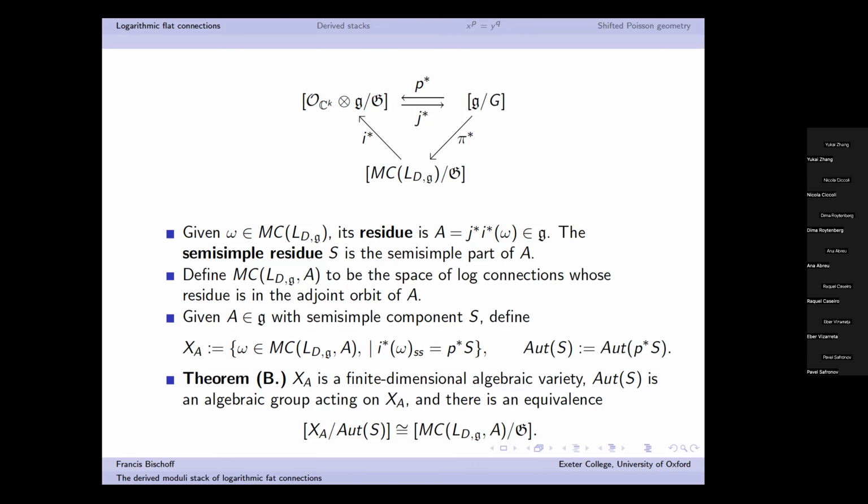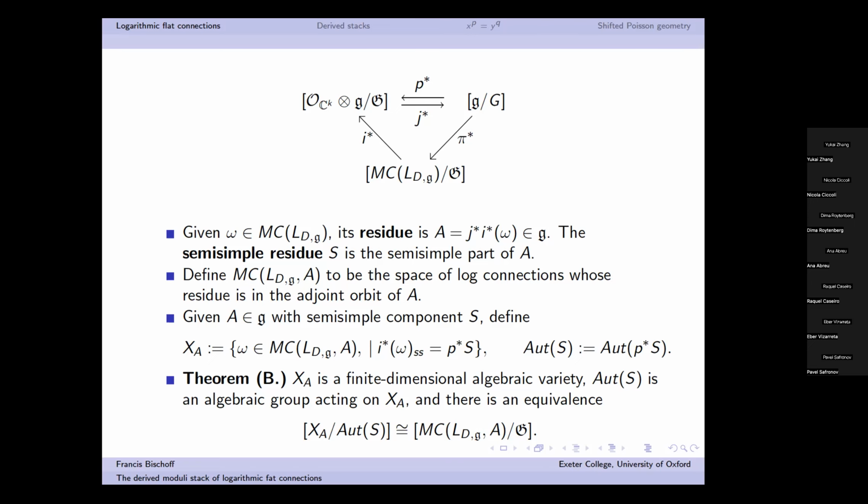Okay, so given that we've done this, I can now tell you how we produce one of these gauge slices. We start with this semi-simple residue S, which is an element of the Lie algebra. We can pull it back by P, and it gives us a connection for this Lie algebra, which I'm calling P star of S. I'm going to use that to define two spaces.